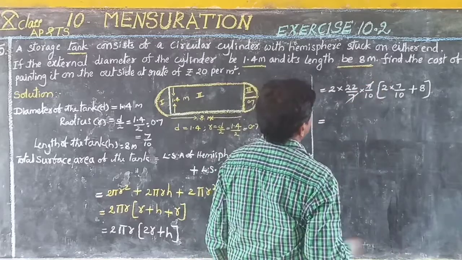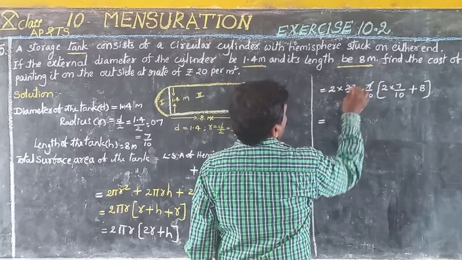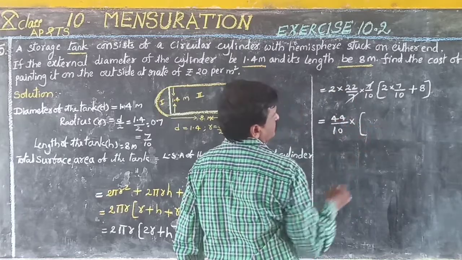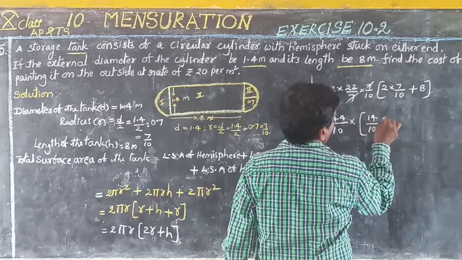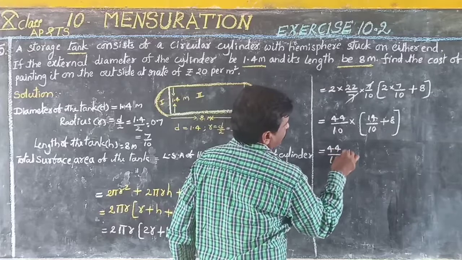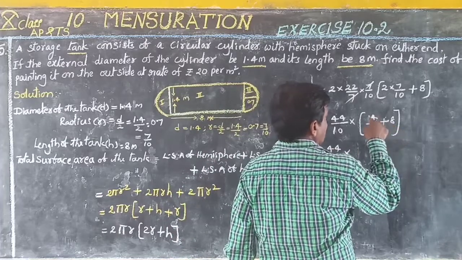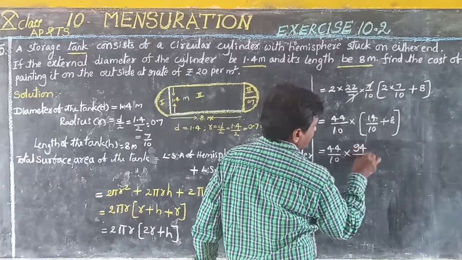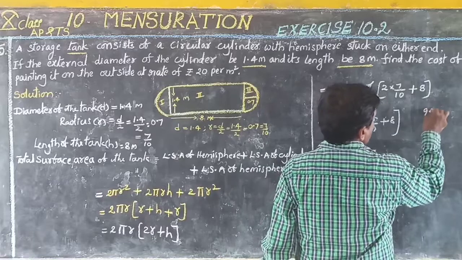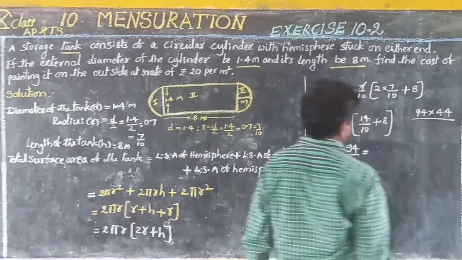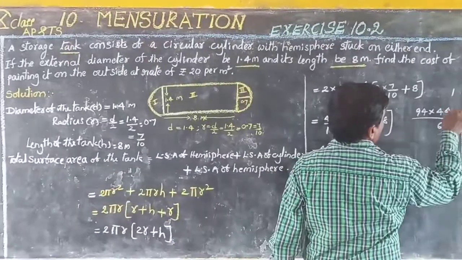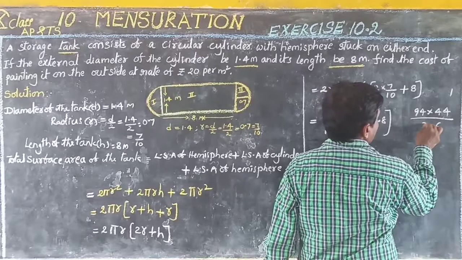7 cancel. 44 by 10 into 14 by 10 plus 8. 44 by 10 into 10 8 is 18 plus 14, 94 by 10. So 94 into 44. 4 4 the 16, 1. 4 9 the 36, 37.